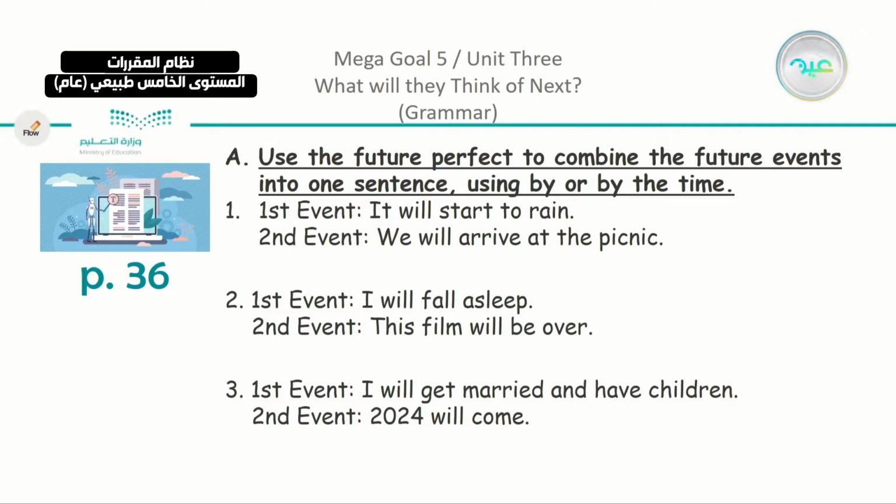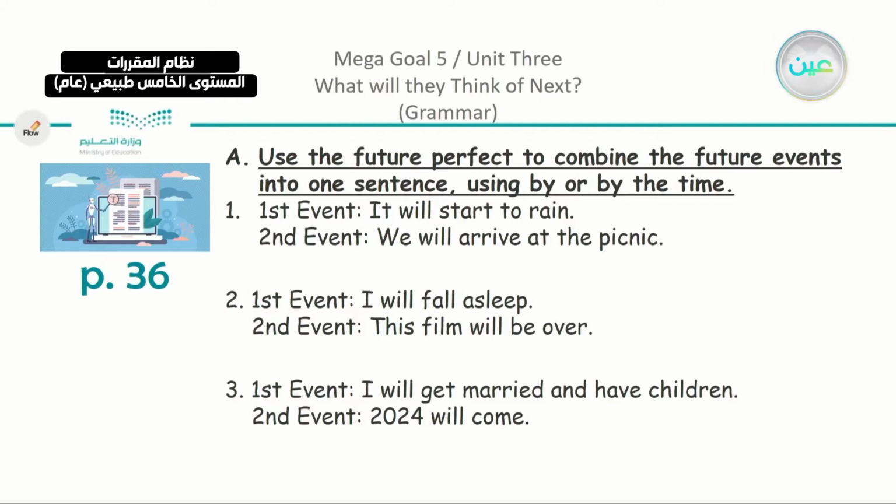The rest are for you to apply. Why? Because there is no one model answer. You can answer as long as you apply the future tense correctly. You can use either by or by the time. You can switch the order of the sentences. You can put something before the other. So it's up to you.